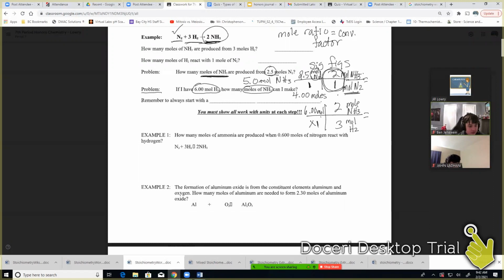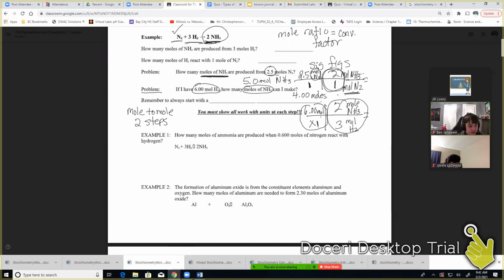We're going to learn 4 different types of problems. Mole to mole, which means my given is in moles, and what I'm trying to convert to is moles, is 2 steps. I call this the first step, and I call that the second step.